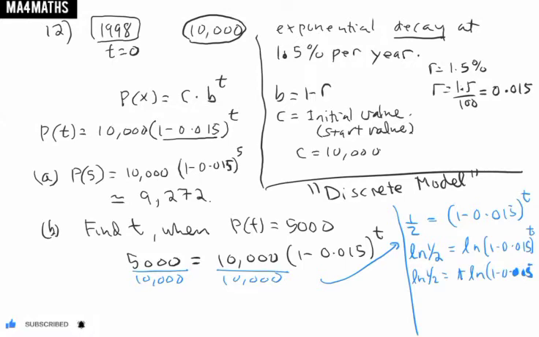Oops, let me clean that up. So it's T times ln 1 minus 0.015. And T, of course, would be log of 1/2 divided by log of 1 minus 0.015. And so what is T equal to if you work this out?